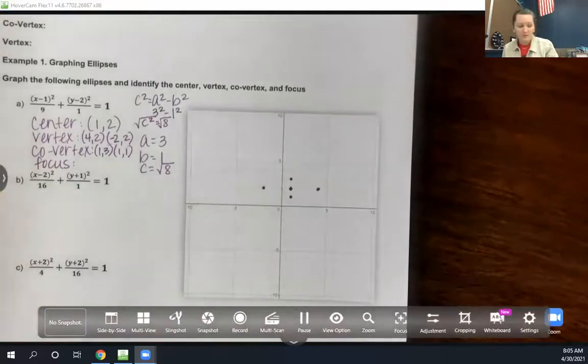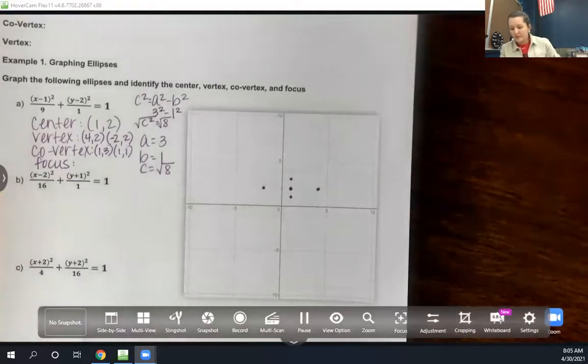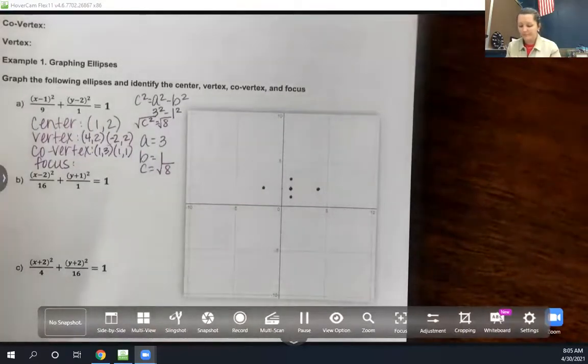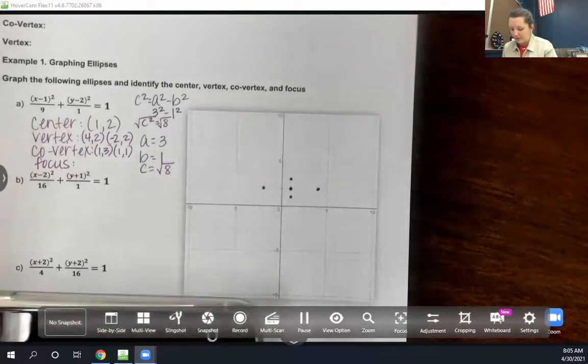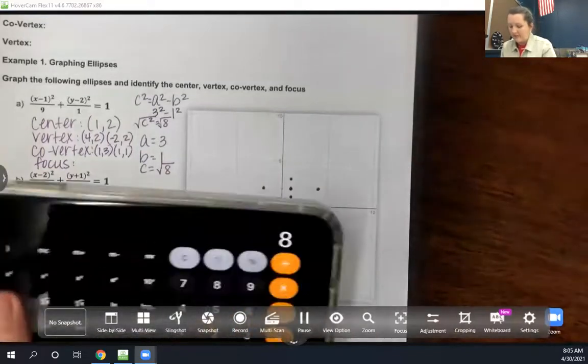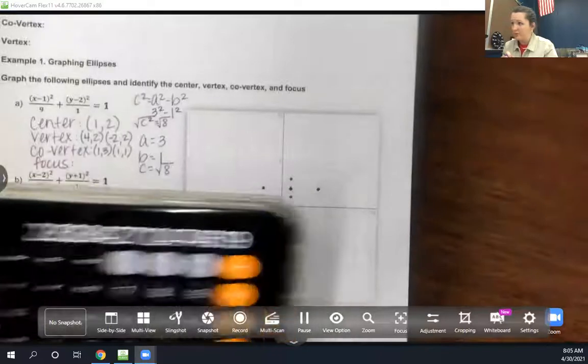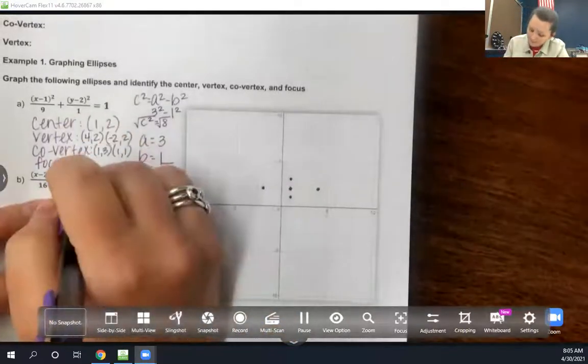Now my focus is a little bit different because I have this funky square root, right? So I'm going to need to really figure out what that is. Get my calculator out. So I have the square root of 8, and I want to know what that is. The square root of 8 is about 2.8.